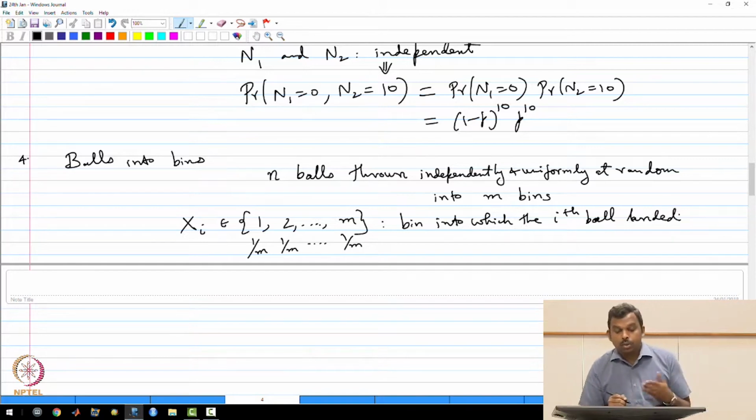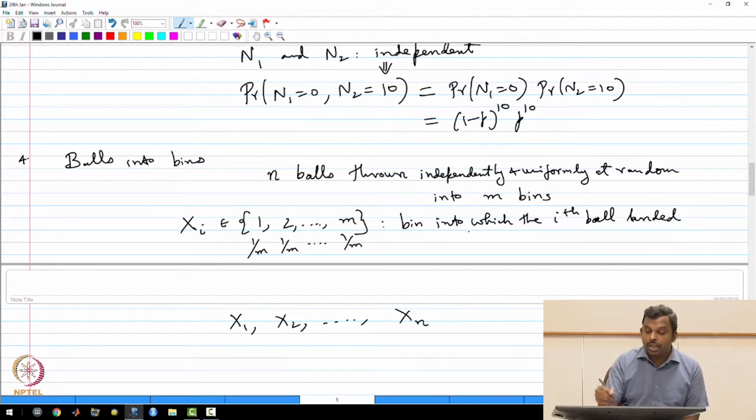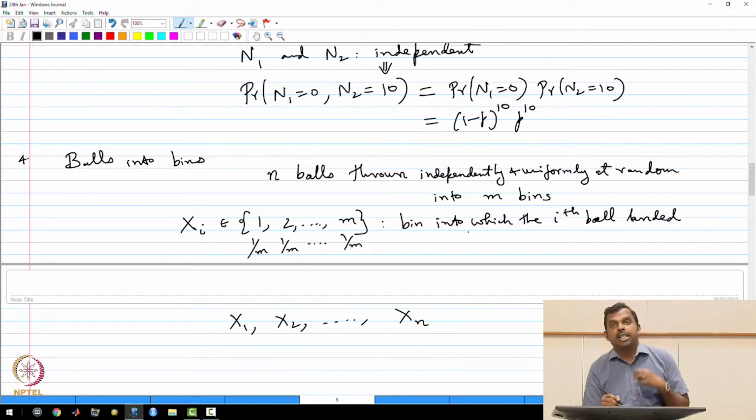So now I have a sequence of random variables x1, x2, up to xn, with xi denoting the bin into which the ith ball landed. So this is an IID repetition. Each xi is uniform and takes m values 1 to m, each with probability 1 by m. So balls into bins is like an IID repetition in this sense.